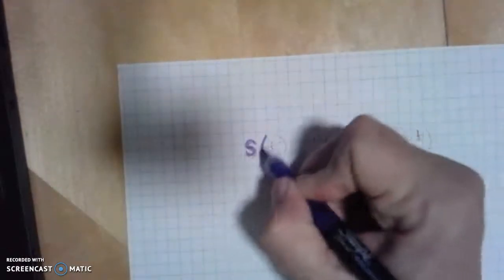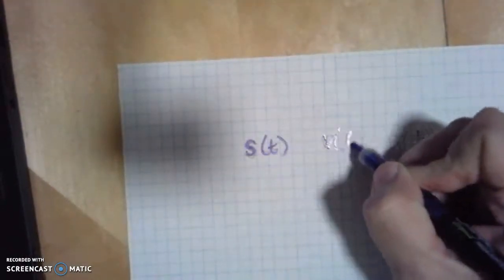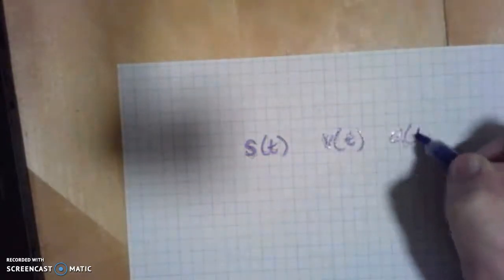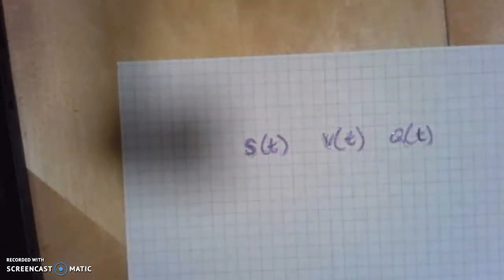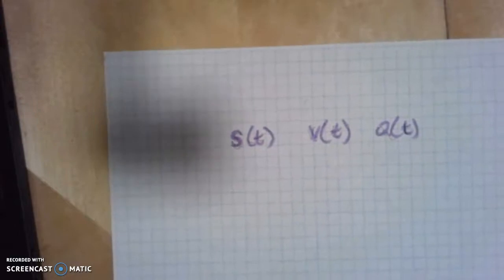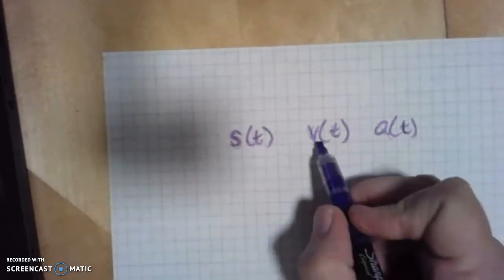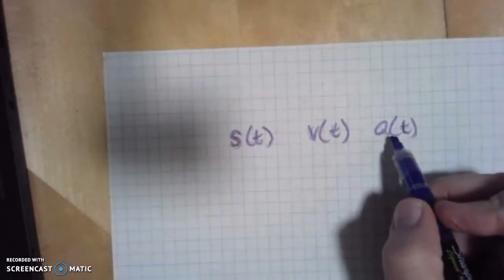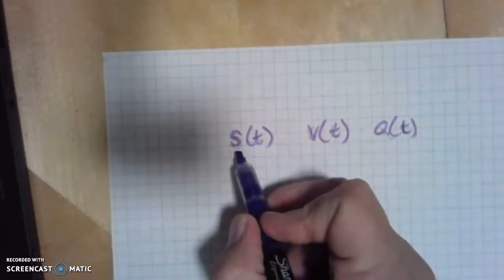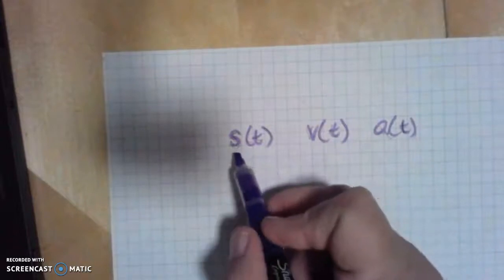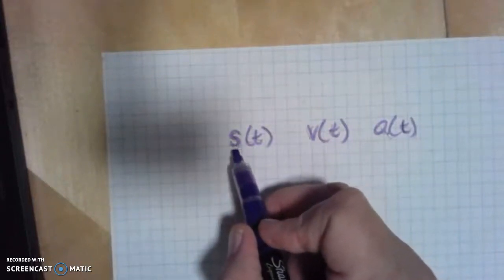Position in time, velocity in time, acceleration in time. They are all related by taking the derivatives. Now, position is usually represented by S, and then V for velocity, A for acceleration. Position sometimes is also represented just with X, like where it is along the X-axis.